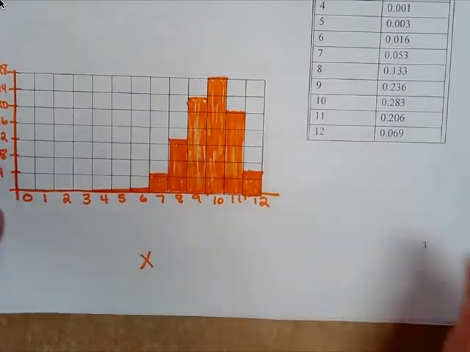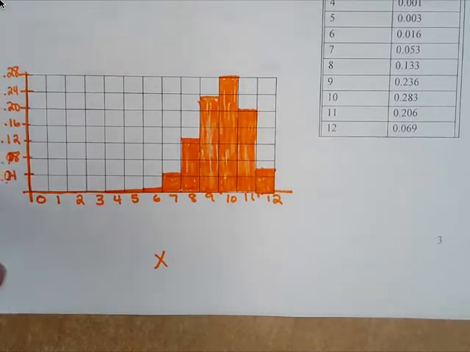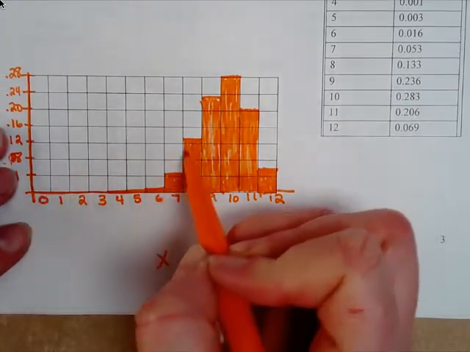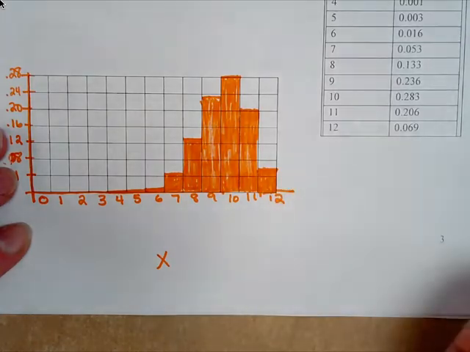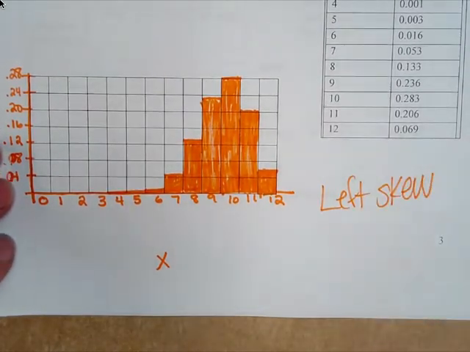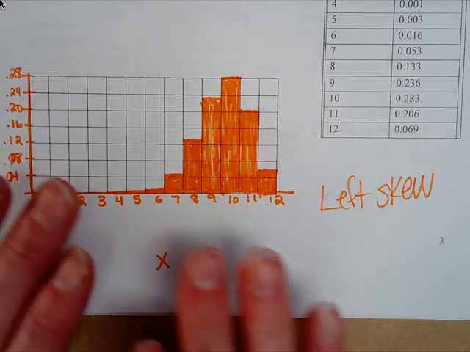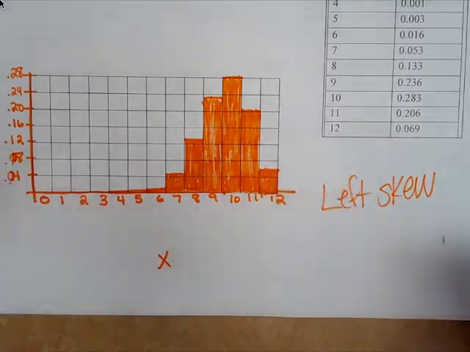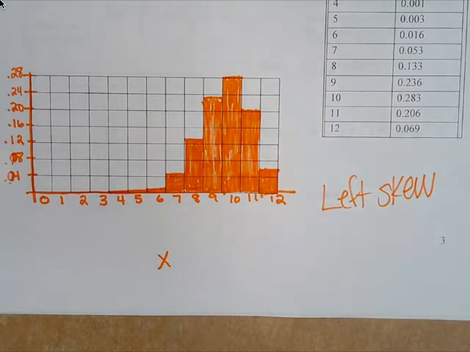Okay, so it's a left skew. See how it has a long tail here? Something we probably didn't think too much about was when they first introduced this example, they said 80% of the population is Mexican American. So the probability of getting a high number of jurors that are Mexican American is pretty likely.